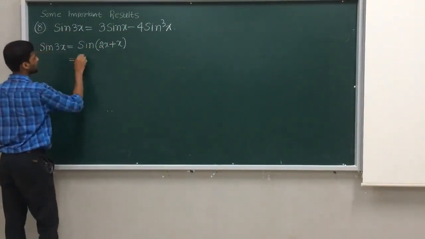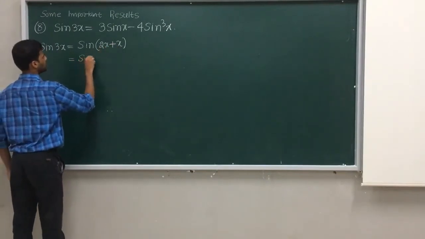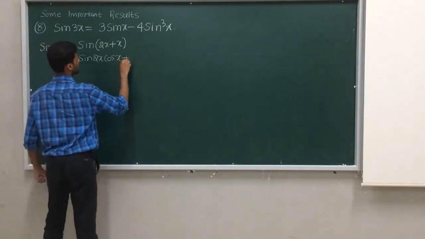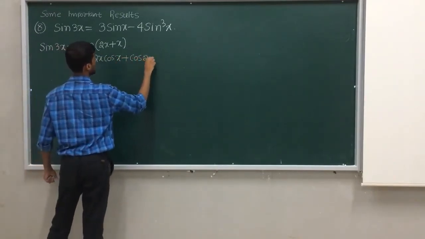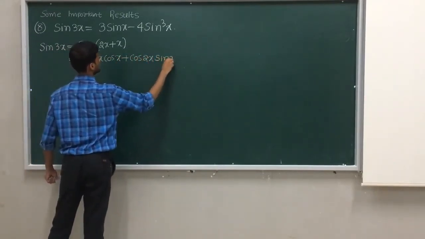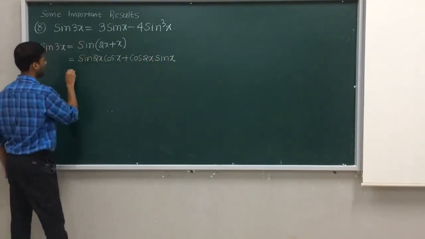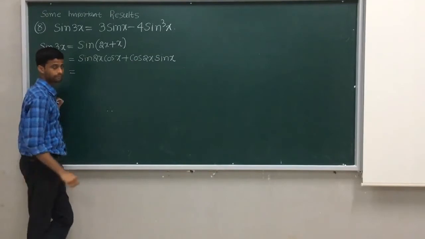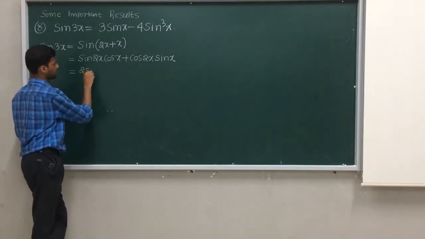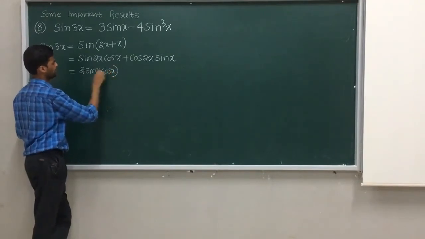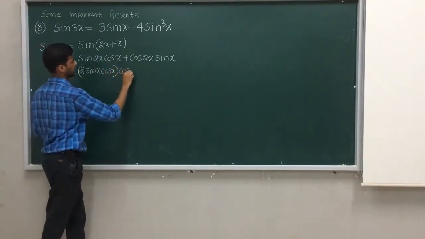Now what is sin of x plus y? Sin A cos B plus cos A sin B. It is sin 2x cos x plus cos 2x sin x. I know the sin 2x expression. Sin 2x can be written as 2 sin x cos x, into the outside term cos x.